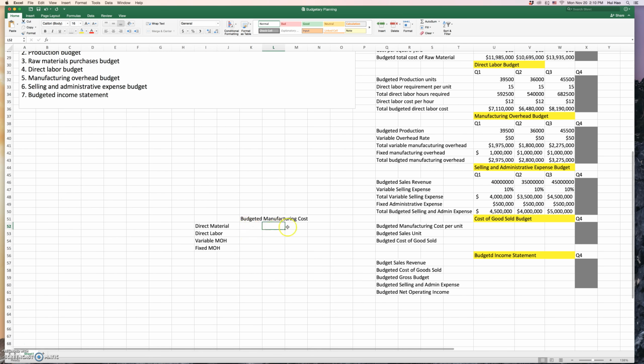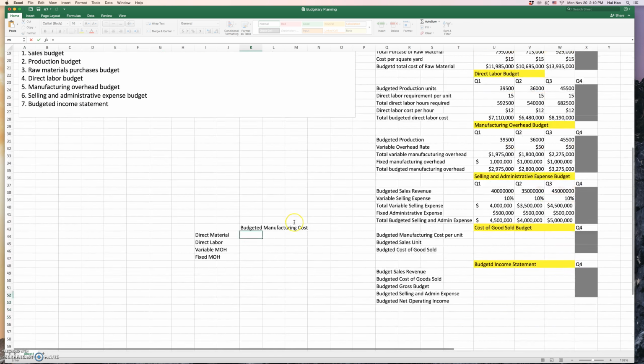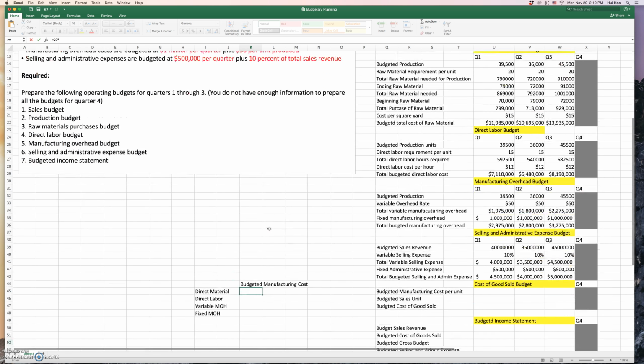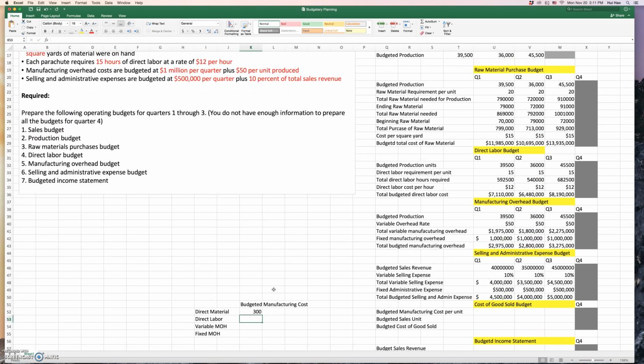So for each parachute, we need 20 square yards at $15 per yard. So it costs us $300 to produce one parachute as far as material.